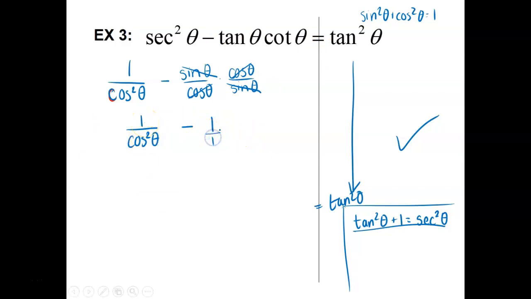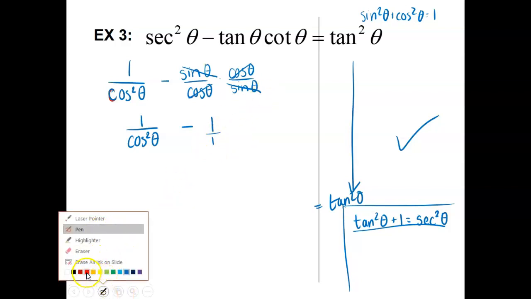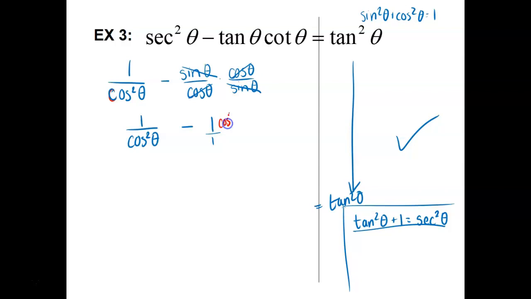I could have put this over 1. And I could get common denominators. So if I want to get common denominators, what would I use for my common denominator here? It would be cosine squared theta, right? So that would mean I would have to multiply this by cosine squared theta on top and bottom, which would give me 1 minus cosine squared theta over cosine squared theta.